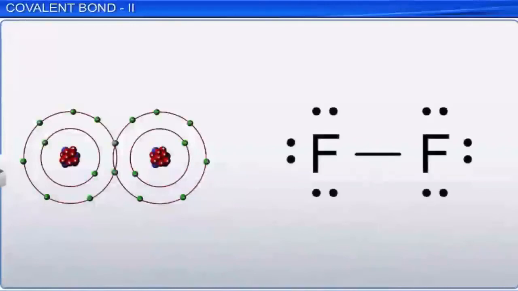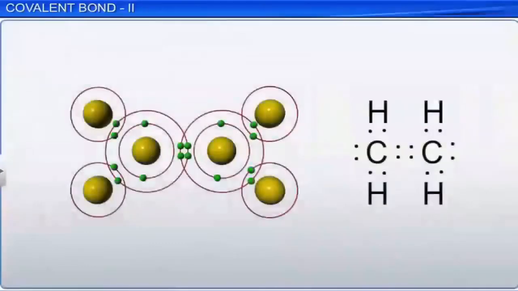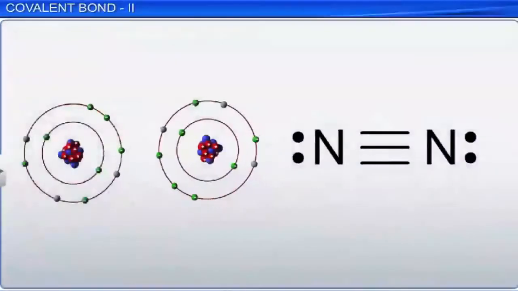When 2 atoms share more than 1 electron pair, they form multiple bonds. In the ethylene molecule, the 2 carbon atoms share 2 pairs of electrons and a double bond is formed between the 2 atoms. Nitrogen molecules form triple bonds.